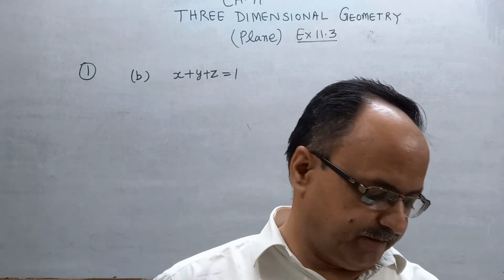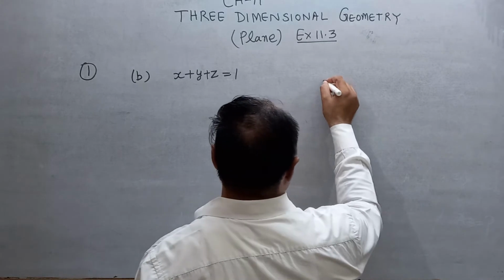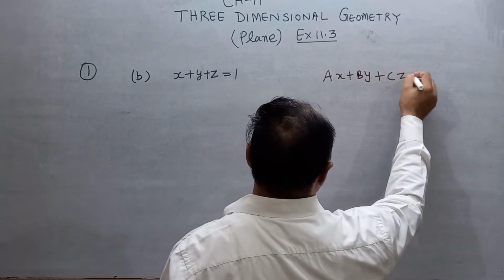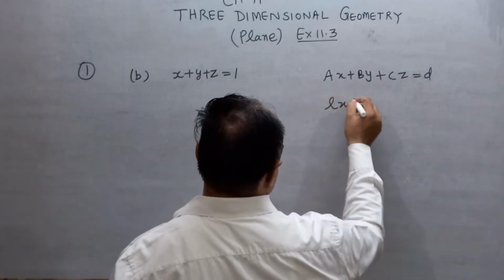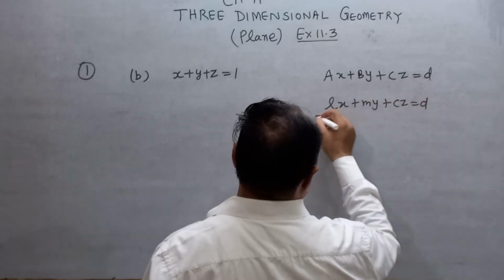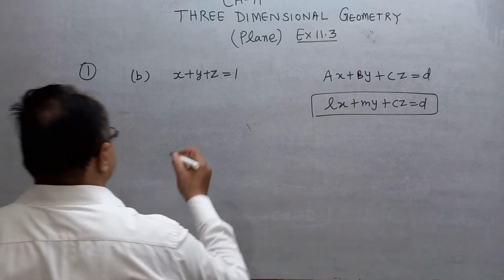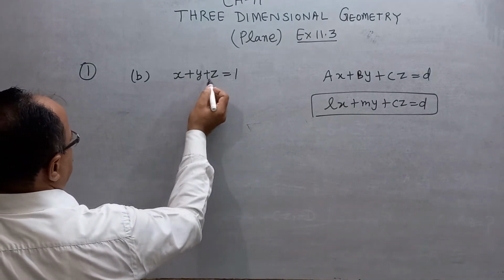Firstly, convert the equation in the form ax plus by plus cz is equal to d, and we want to convert this form into lx plus my plus nz is equal to d. Correct? The direction ratios are 1, 1, 1.